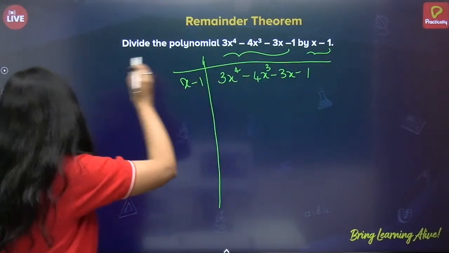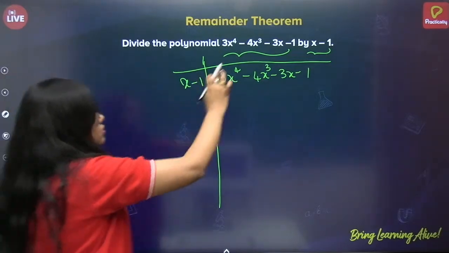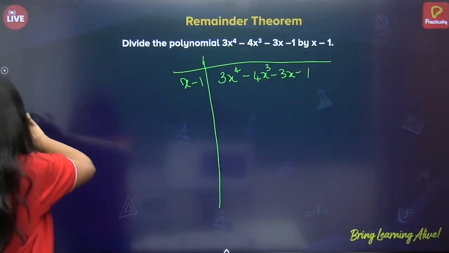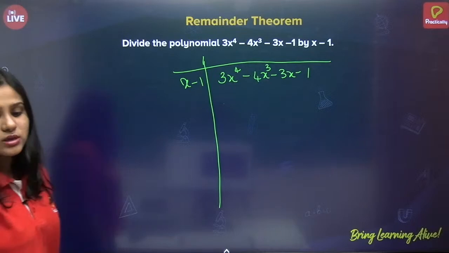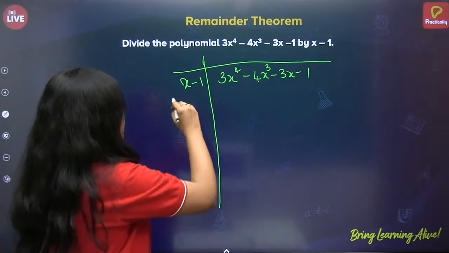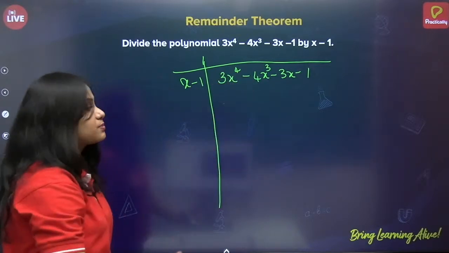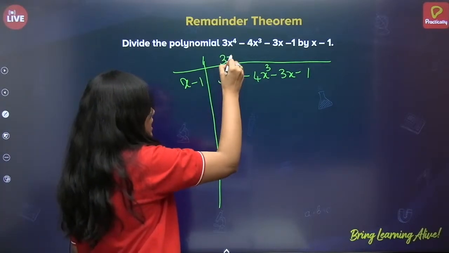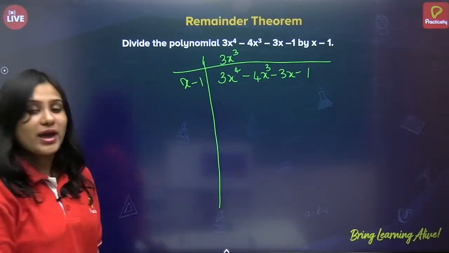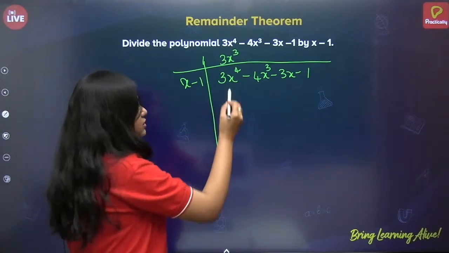I'll write the question there. Good. Next, with what do I have to multiply x to get 3x power 4? I have to multiply it with 3x cube. So x into 3x cube is nothing but 3x power 4.